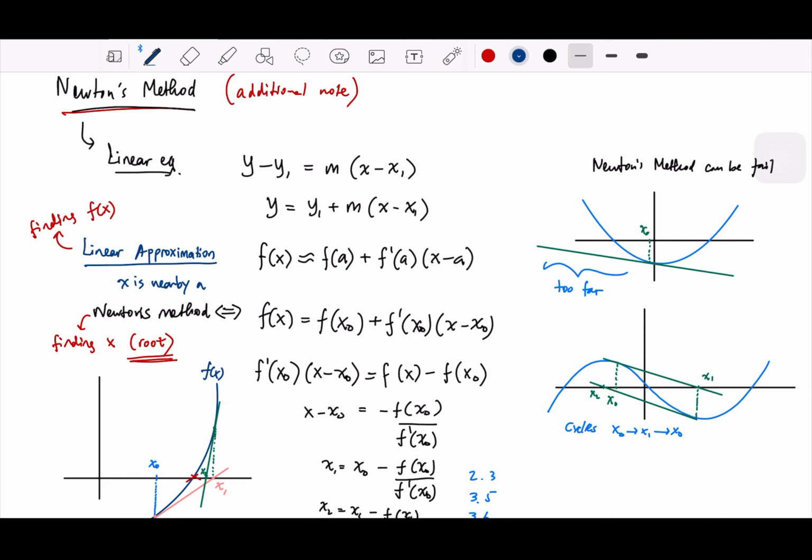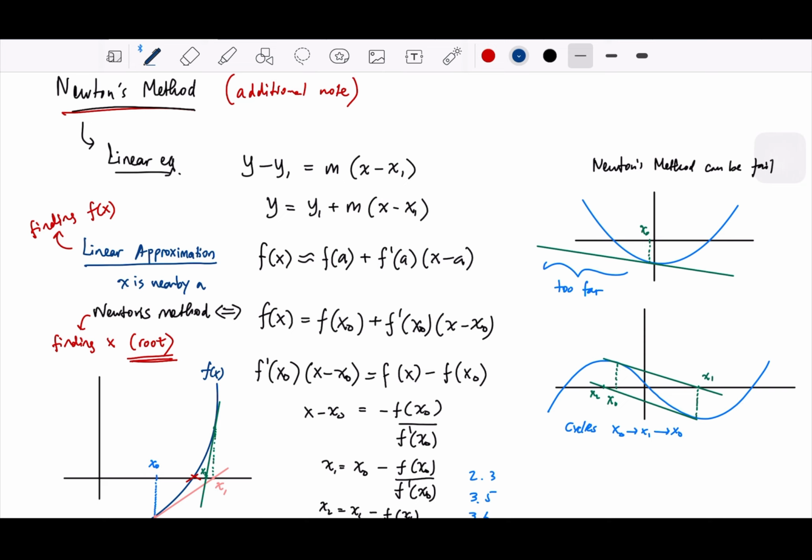Because of that, we can take the tangent as our approximation. So in linear approximation, we need to find the function that we want to approximate, and we can check some a, and see whether that is closer to our value or not.